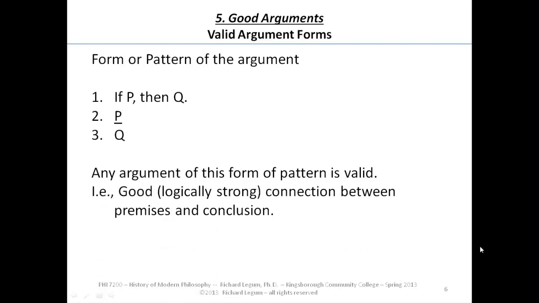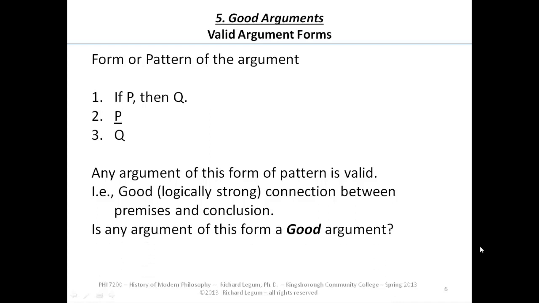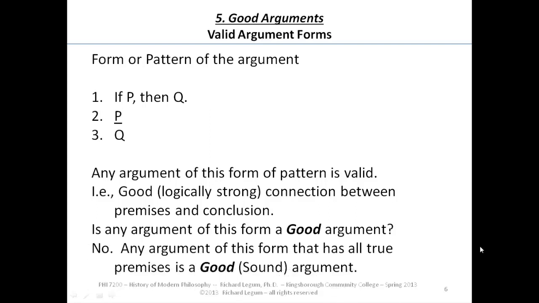Which means that there's a logically strong connection between the premises and the conclusion. If the premises are true, then the conclusion is true. Now, is any argument of this form a good argument? Well, remember, don't let your brain go off.